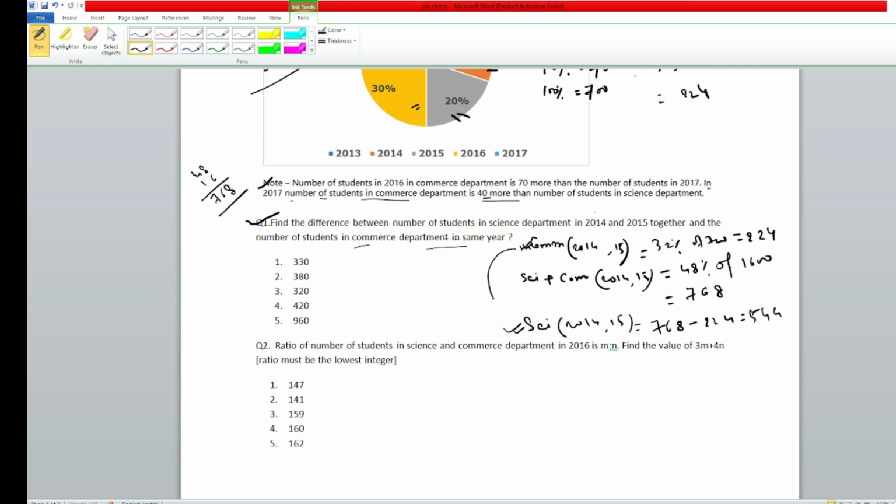So the difference of these two numbers, 544 minus 224, is 320. Option 3 is the correct answer.